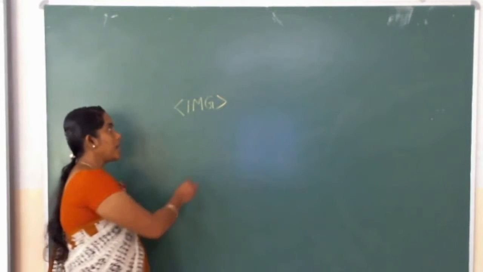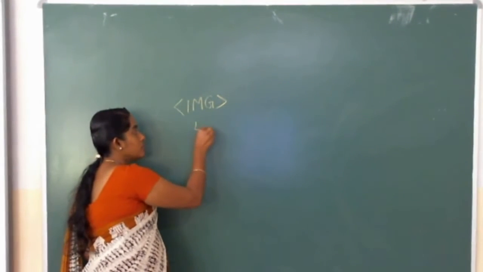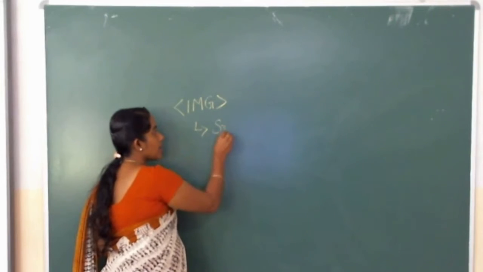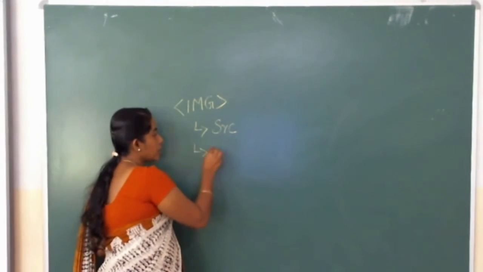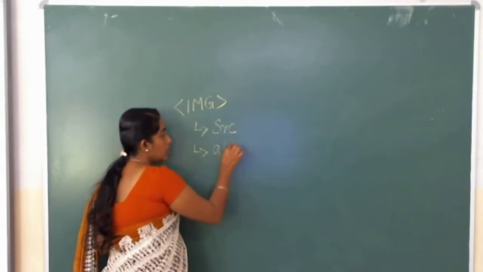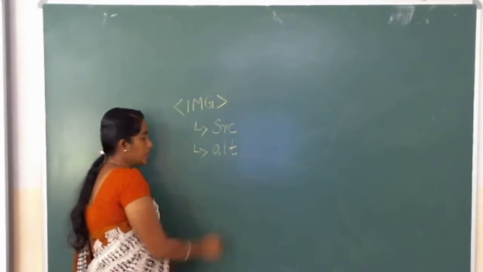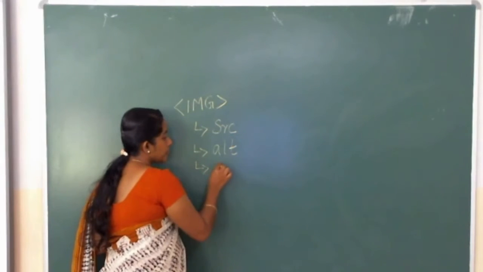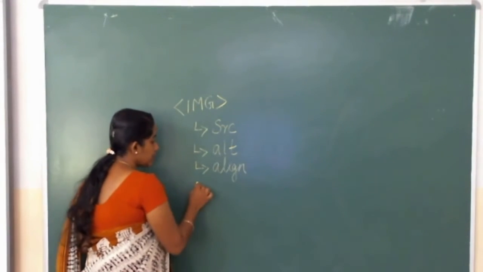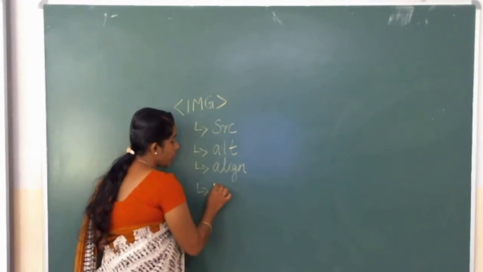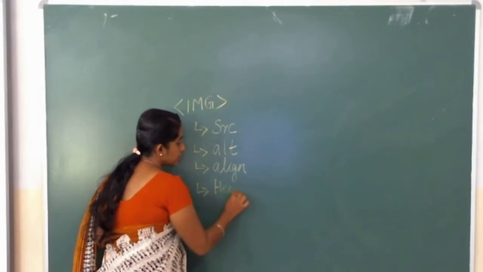The first main attribute of the img tag is src. The next one we are going to discuss is the alt attribute, and the next attribute is the align attribute, and finally we are discussing height and width.